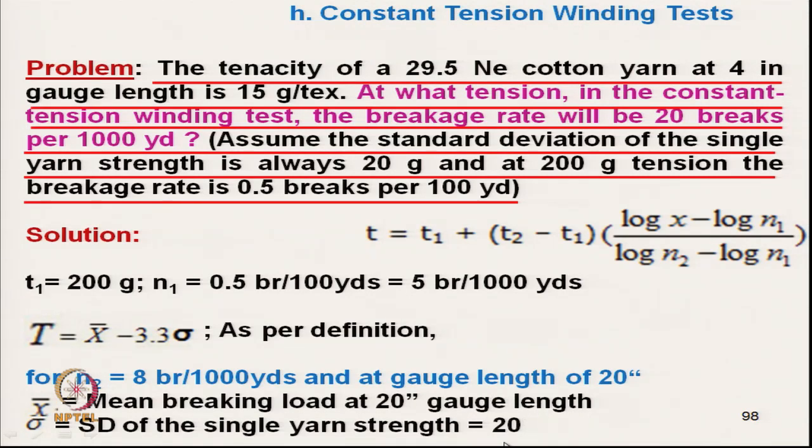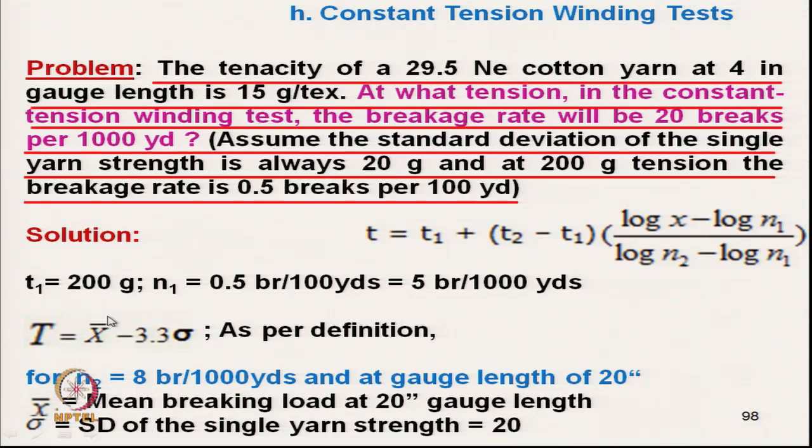So, we will use here the standard deviation, sorry, this 20. Now, this minus 3.3 into 20, that is minus 66, okay. Minus 66 is fixed, we know this, but what about x bar? Now, we have to get the x bar.